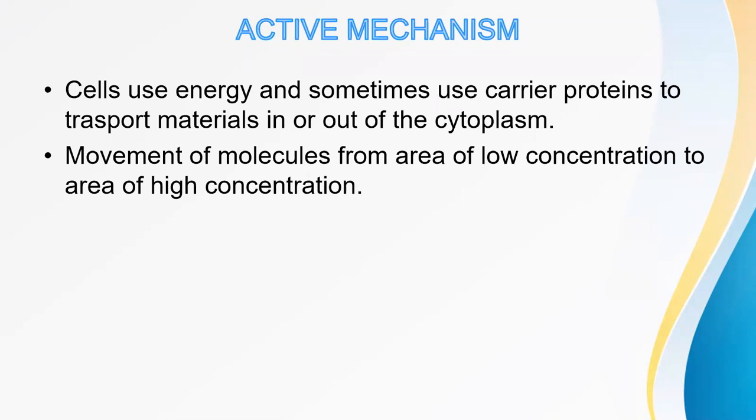Before starting our topic, let's have a quick review of our previous lesson. In the previous lesson, we talked about the transport of materials through the plasma membrane, meaning how materials like ions, atoms, and other molecules enter the cell through the plasma membrane or cell membrane.